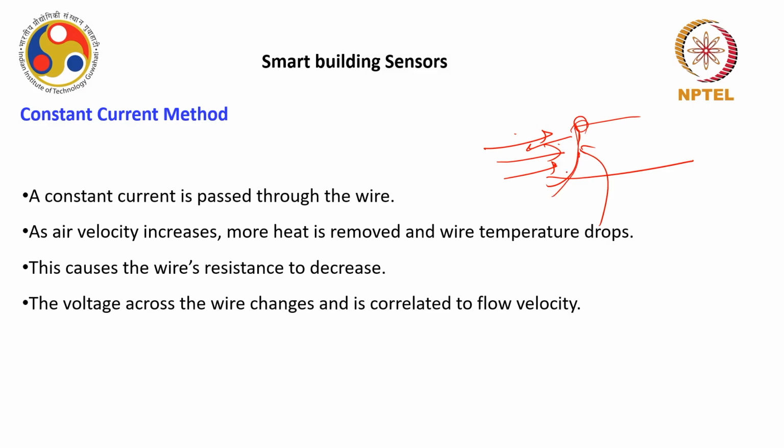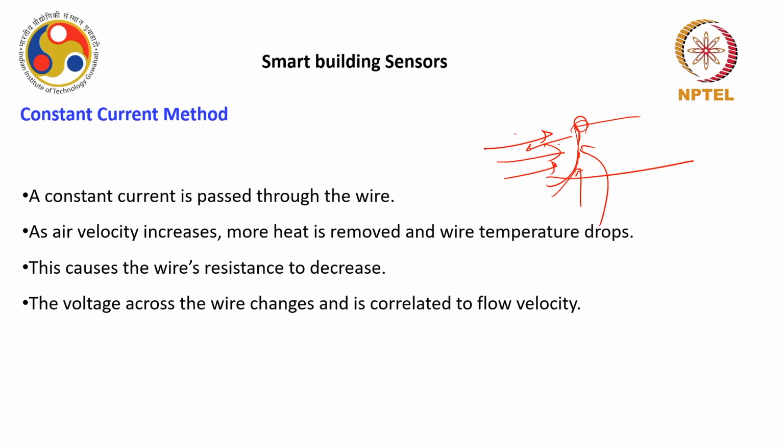To maintain the temperature at which the wire initially was, it would require an increase or decrease in the current levels. There are multiple ways this can be done. However, what we are seeing here is the constant current method.